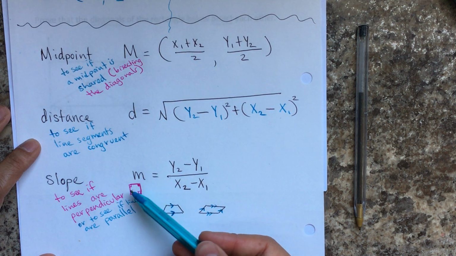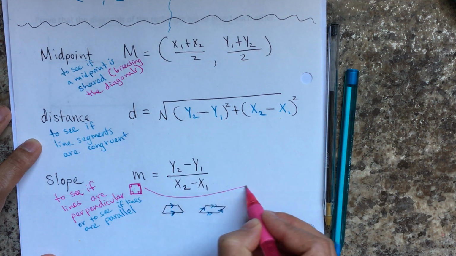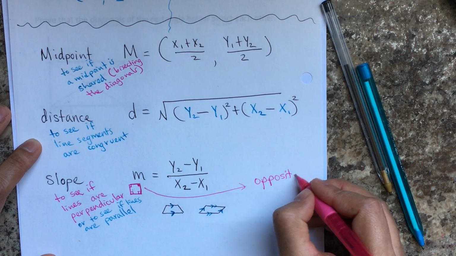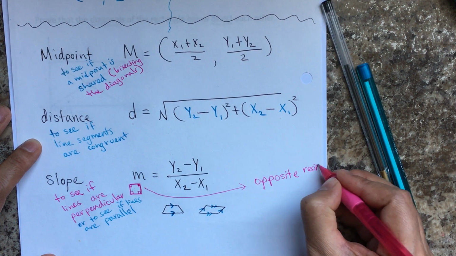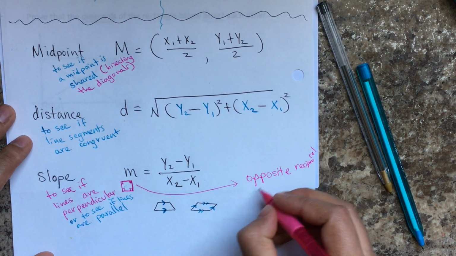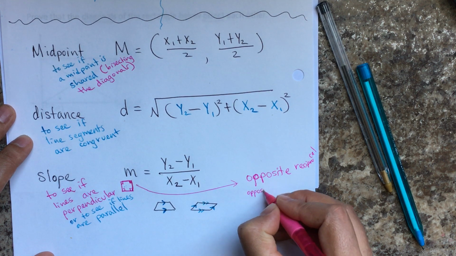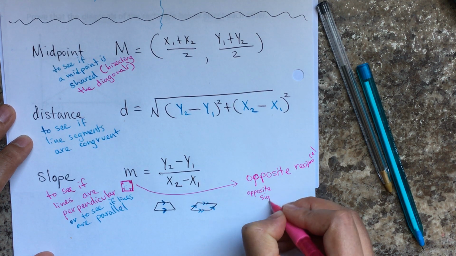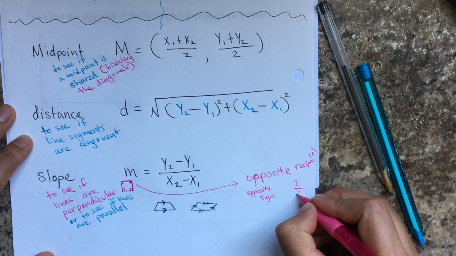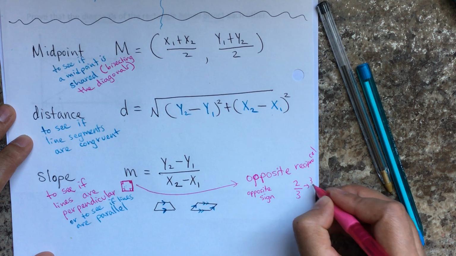If the slopes are opposite reciprocals, opposite means opposite sign. Reciprocal means you switch the numerator and denominator.